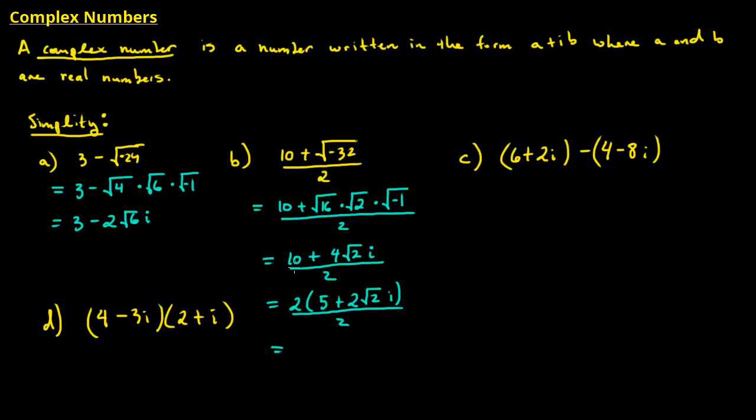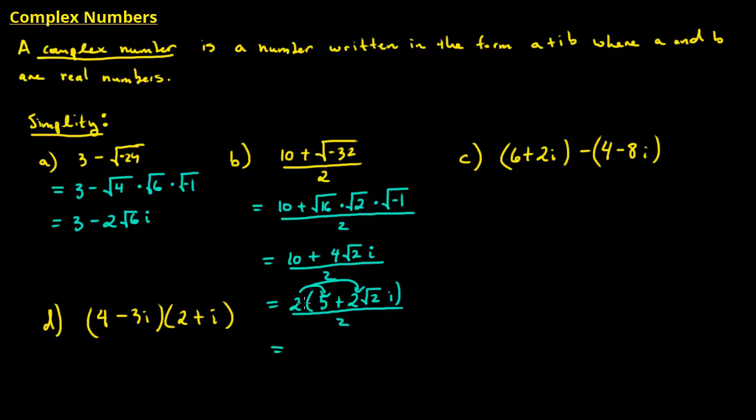2 times 5 is 10. 2 times 2 is 4. So if I distribute 2 to each of these two numbers, I'll get 10 plus 4 root 2i. So all that I've done is I've just done a little bit of common factoring. Now, I've got 2 times this complex number divided by 2.